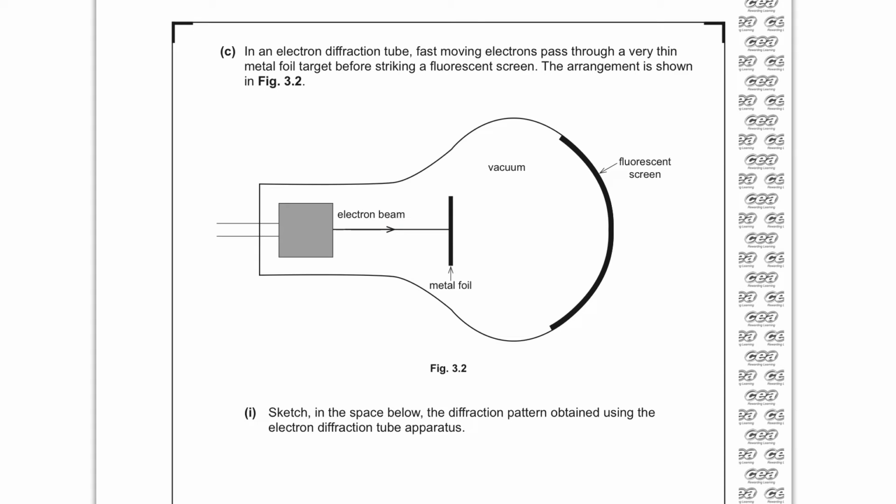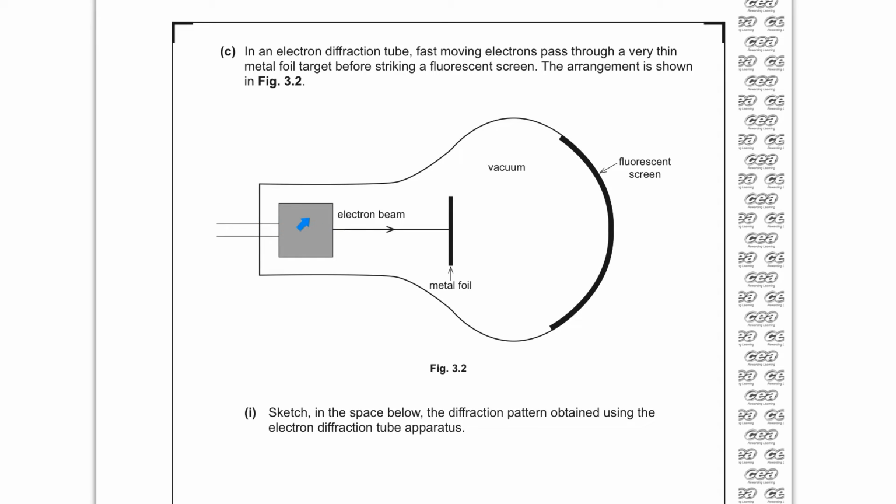Part C, in an electron diffraction tube, fast-moving electrons pass through a very thin metal foil target before striking a fluorescent screen. The arrangement is shown in figure 3.2, and you can see there you've got your standard evacuated container, glass tube usually.